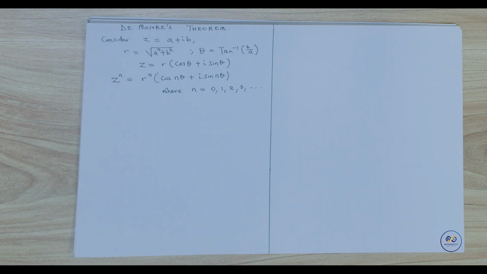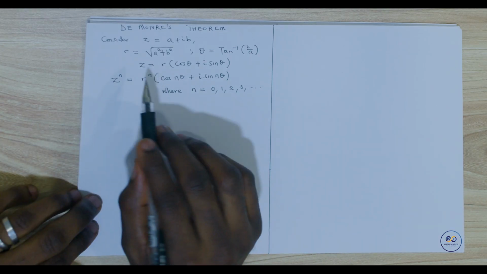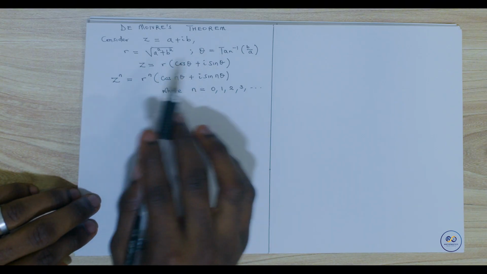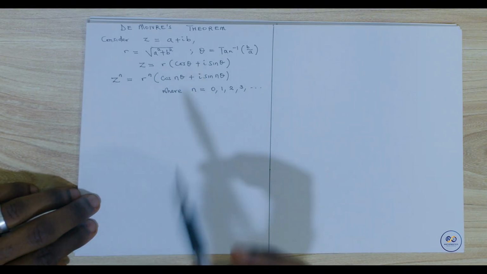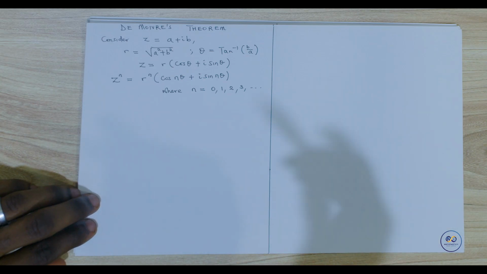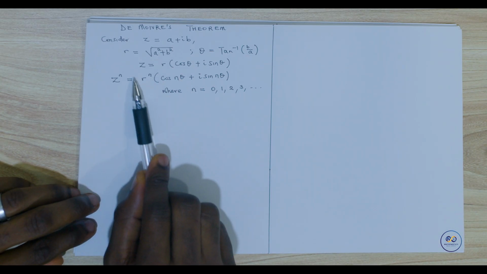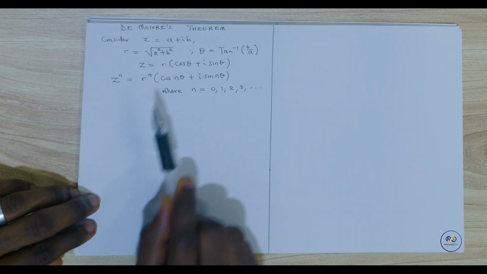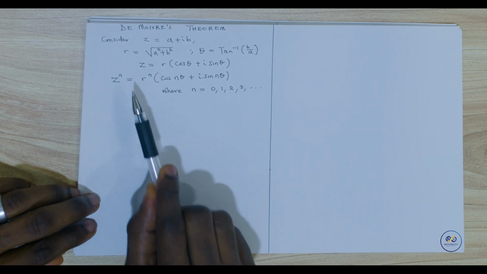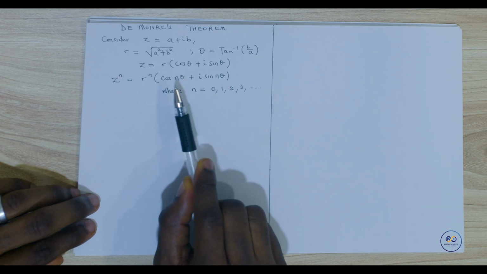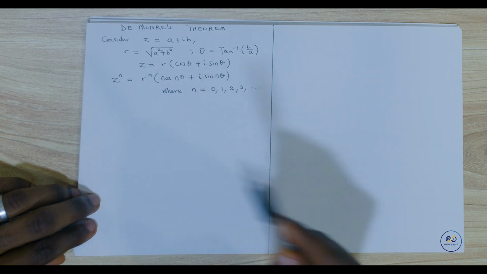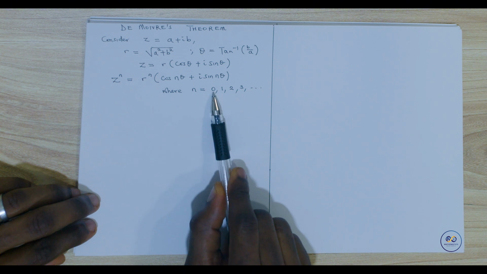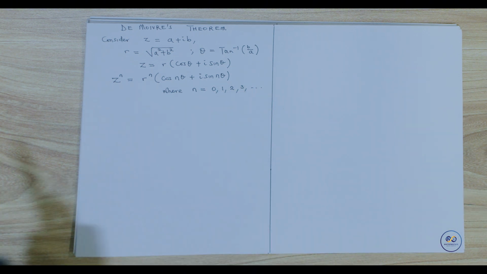So as far as we have a complex number in this form, then the power of that complex number, that is a multiple of that complex number by itself, can be expressed in this identity: z raised to the power of n is equal to r raised to the power of n into cos n theta plus i sin n theta, where n can be 0, 1, 2, 3, and so on and so forth.